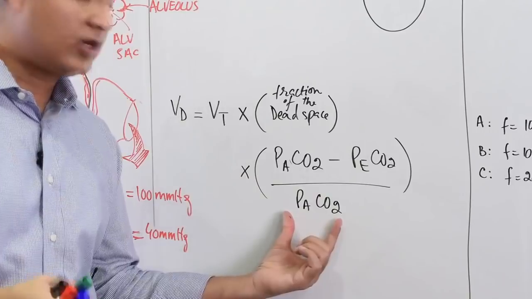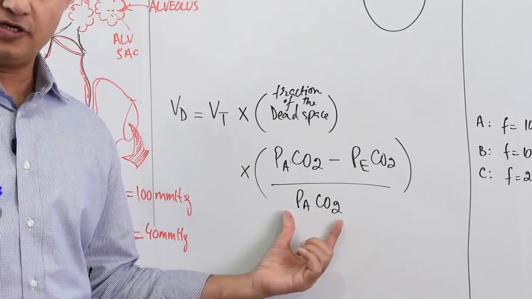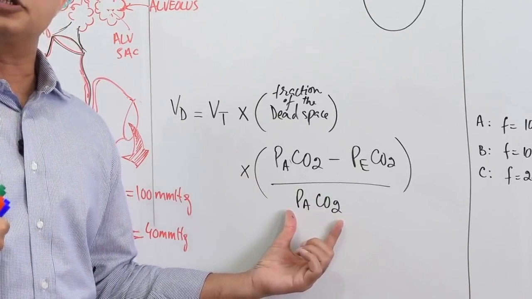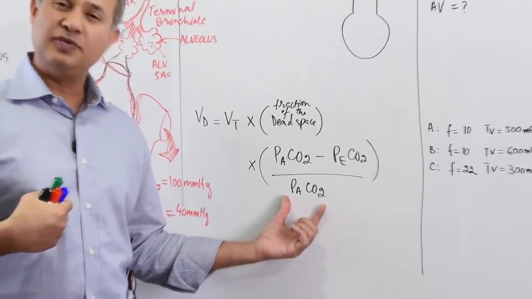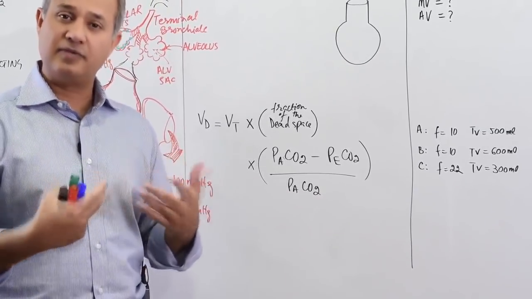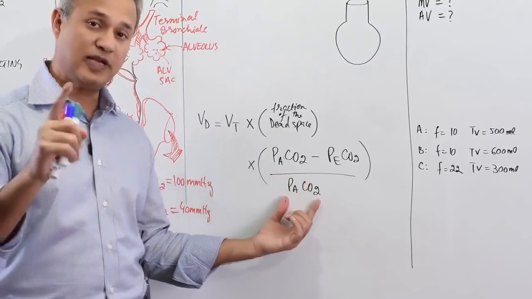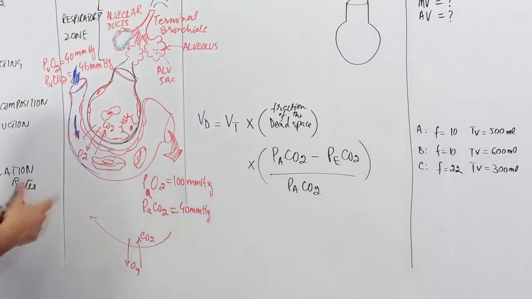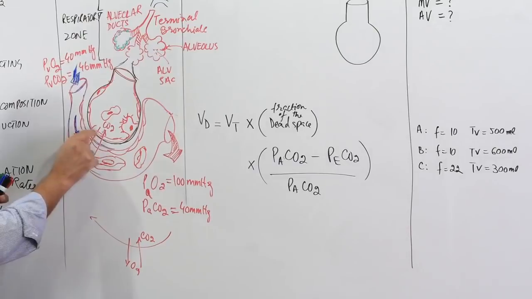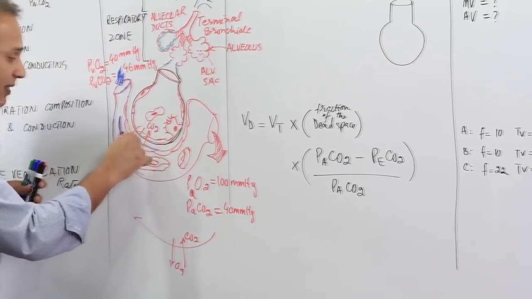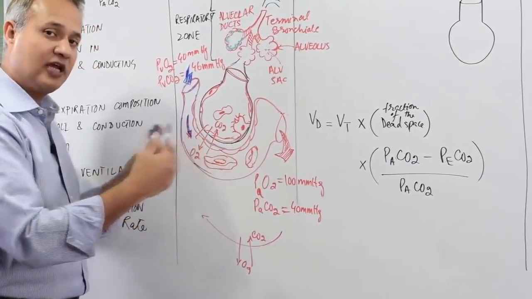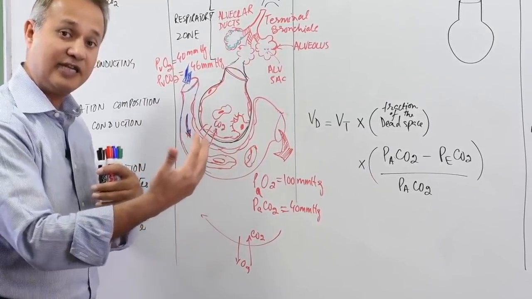Look at the alveolar carbon dioxide composition, which is going to be equal to the blood carbon dioxide composition, and I'll explain why. Carbon dioxide through a healthy lung, when it passes, the respiratory membrane allows a very rapid carbon dioxide equilibrium.